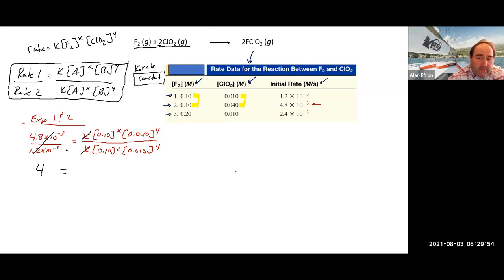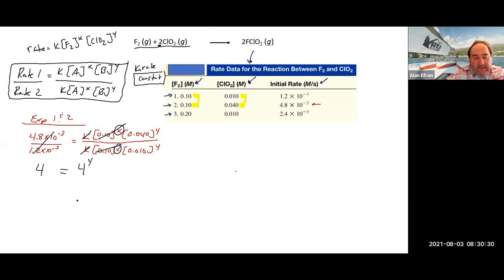Now we come to our F2, which we held constant. We don't know what X is on top, which is the order with respect to F2, and we don't know it on the bottom, but it's going to be the same number, which means these will cancel out as well. Coming over here, we now have 0.04 divided by 0.01 to the Y, which means we will end up with something like 4 to the Y.